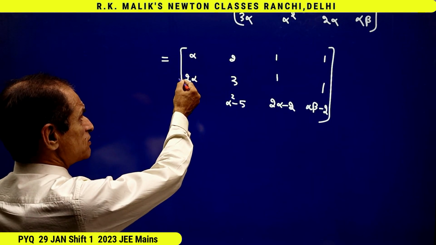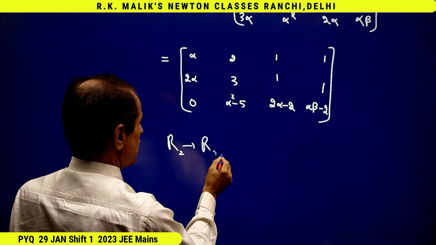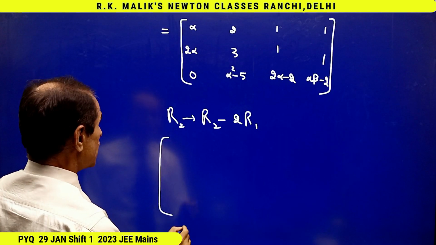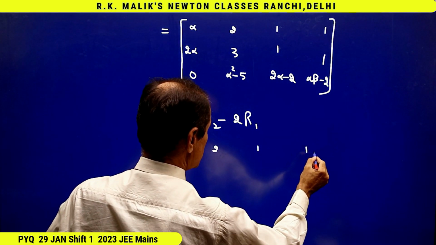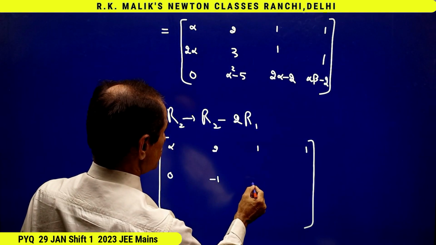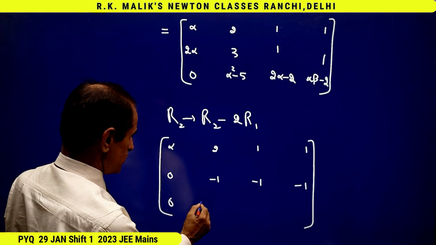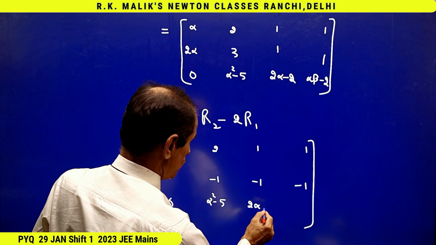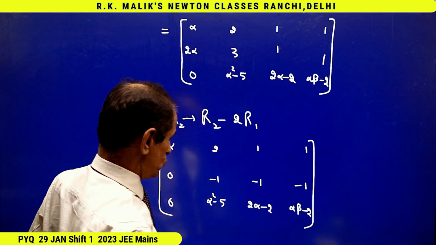Now make this element 0 by using the operation R2 changes to R2 minus 2R1. I will get [alpha, 2, 1, 1], [0, minus 1, minus 1, minus 1], [0, alpha square minus 5, 2 alpha minus 2, alpha beta minus 2].